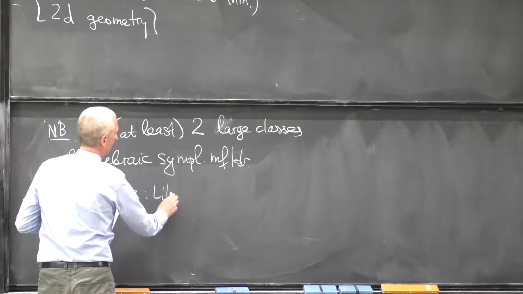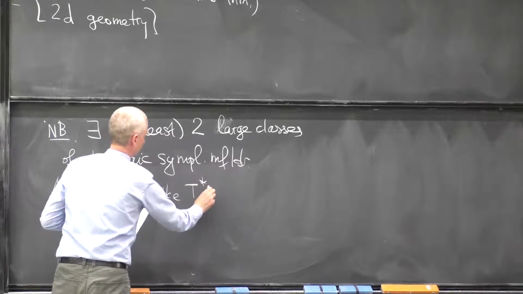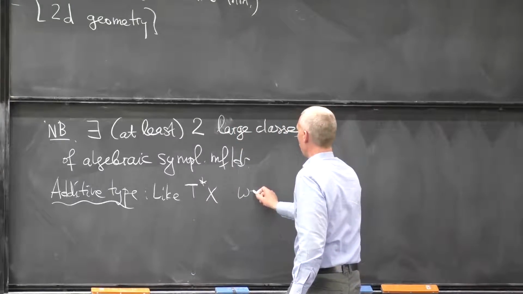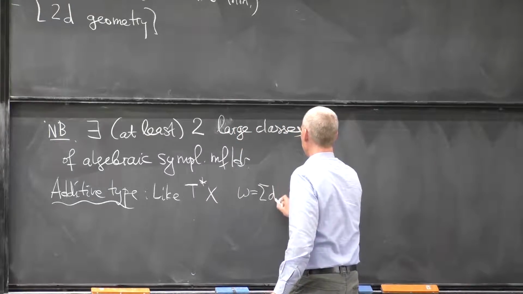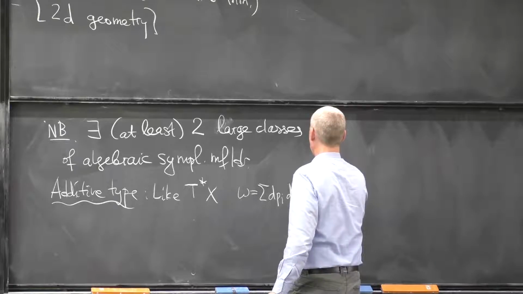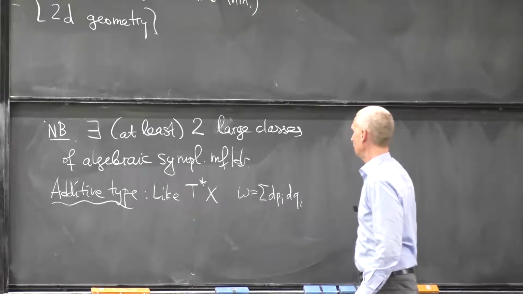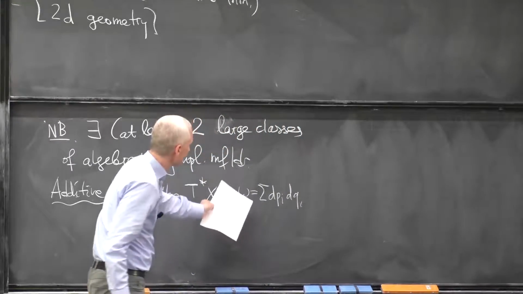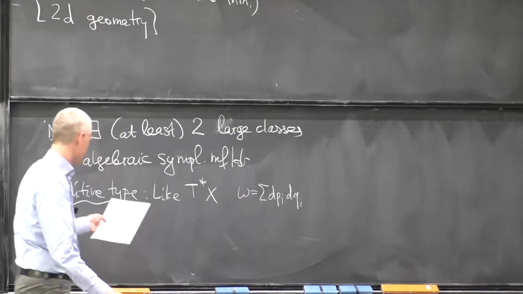It's more or less like the cotangent bundle of something, and the form looks more or less like sum dp_i dq_i. This is exact. It doesn't mean that it's exact, but at least you can write it like this.